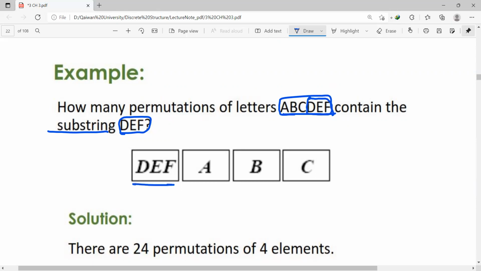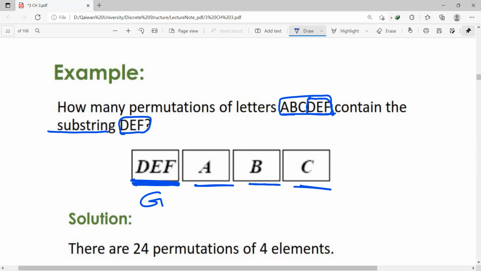That means we deal with this one as only one word, one letter. It's another one, a second letter, a third, a fourth letter. Here we have 4 letters. Because we have this string, D, E, and F must always be together, so we deal with that as only one letter. Let's say it's G. We have G, A, B, and C.